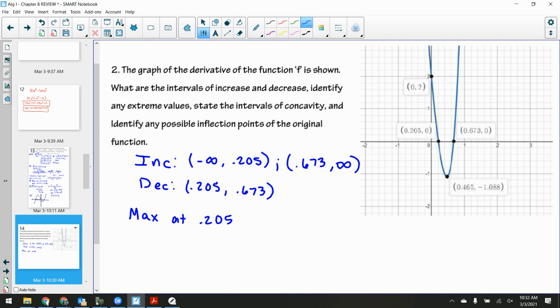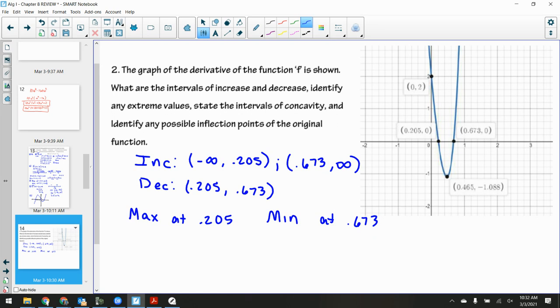You can't say that there's a maximum at 0.205 comma 0, because that's not necessarily true. We know the x value will match up, but the 0 of the first derivative is just basically where it's occurring on the original function. And we know that there's a minimum point. Well, if it's going from decreasing to increasing, below the x-axis to above the x-axis, that's going to be a minimum value at 0.673.